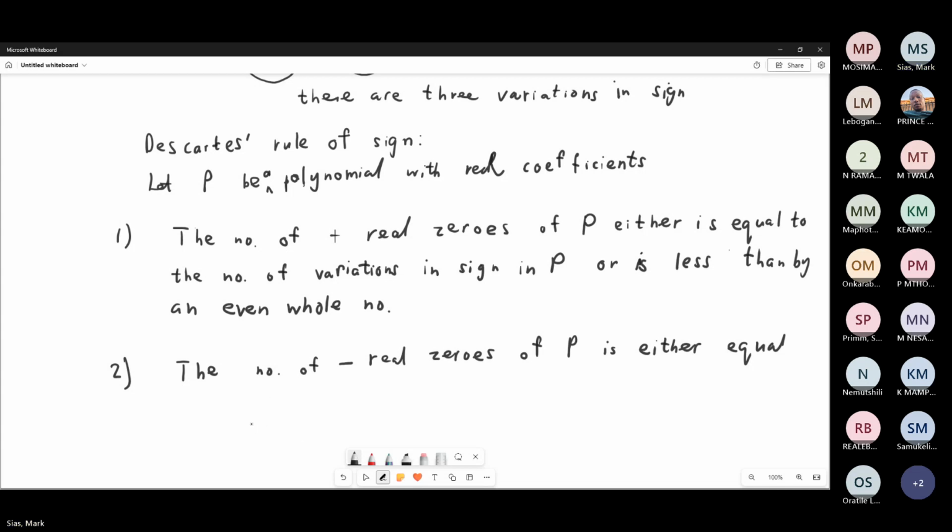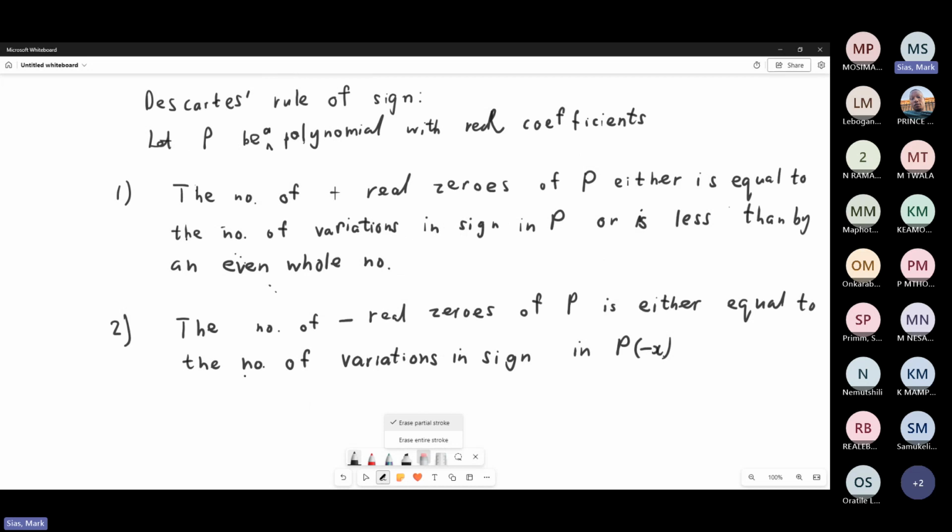Can you guys read what I've written on the whiteboard? Because now it's frozen up on my side. The last words are variations in sign in P of minus x, and now my screen is frozen up. Okay. The number of negative real zeros of P.